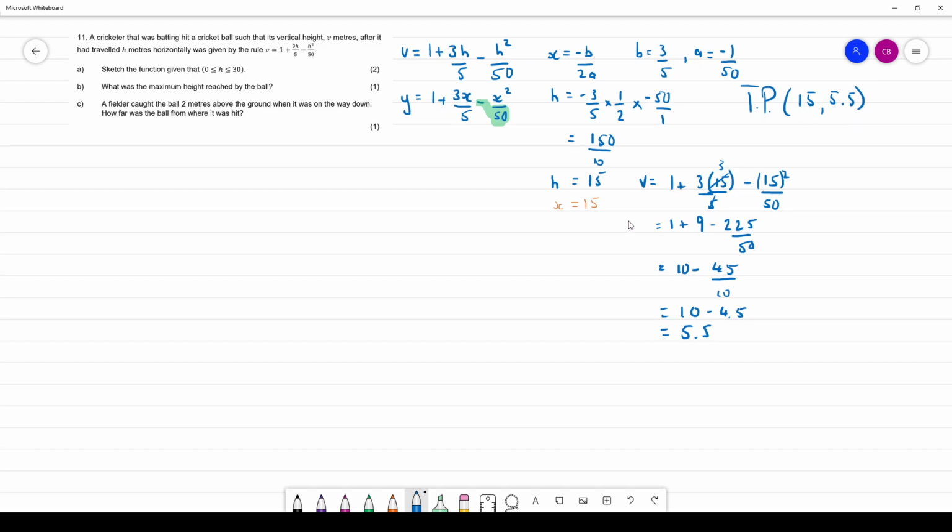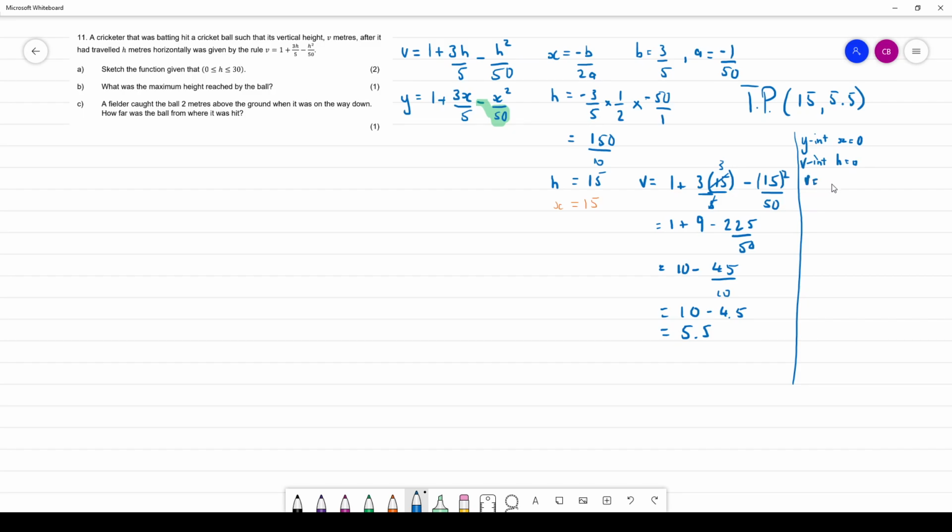Do we know the y-intercept? Well, we can work that out. The y-int, where should I do this? Where do I have space? Maybe here. The y-int is when x equals 0, but we've got to be careful. We don't want to mix up v and h. So what we're doing is finding the v-int, and that is when h equals 0.